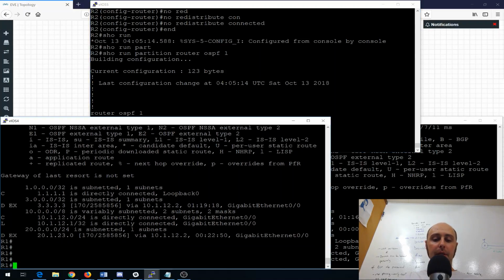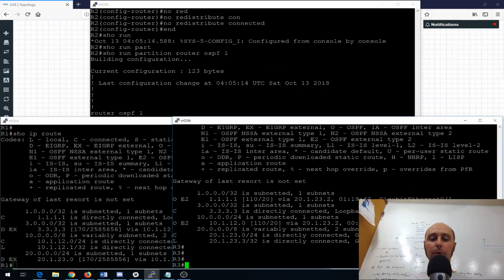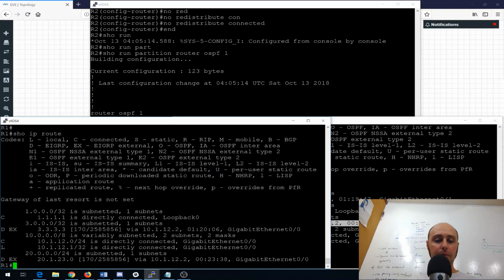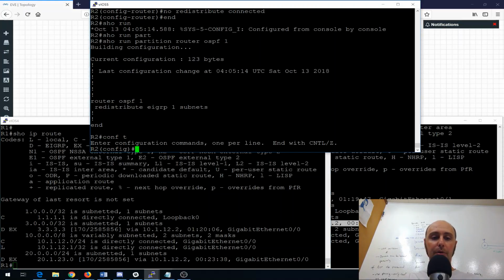So let's show the routing tables here, show IP route and show IP route. And again, we're back to normal. We no longer see the loopback of router 2, and we do see the connected interface upstream between router 1 and router 2. And there was no change here on router 1. Okay? So now I'm just going to take the same redistribution statement I used into OSPF and put it into EIGRP.